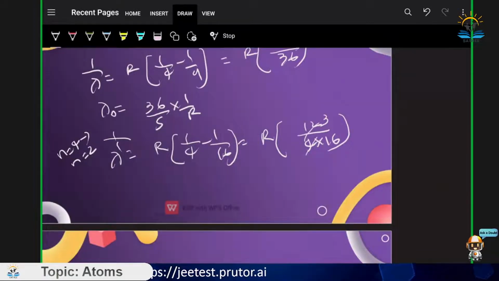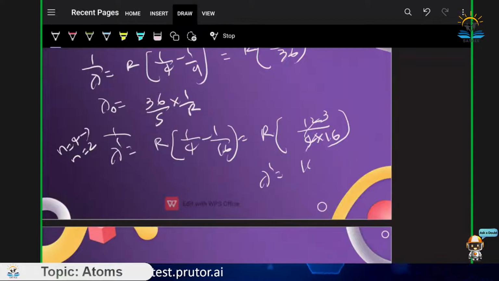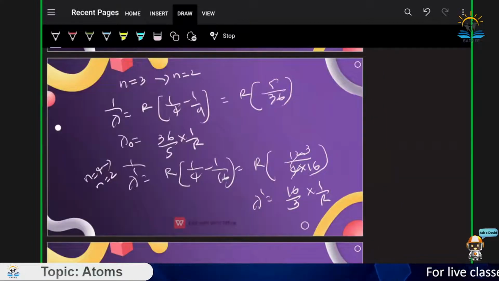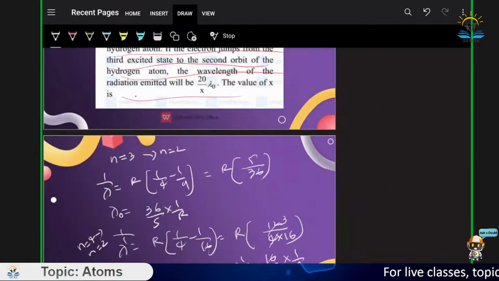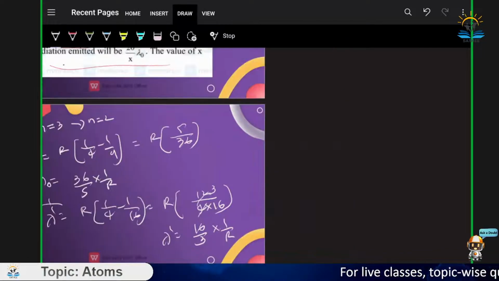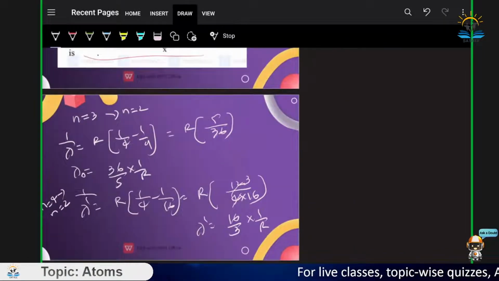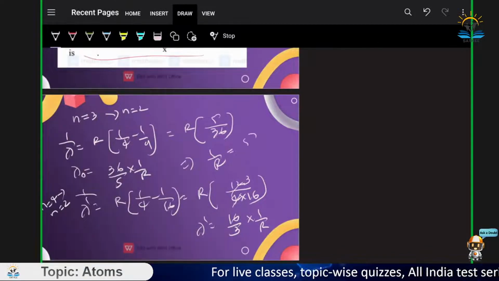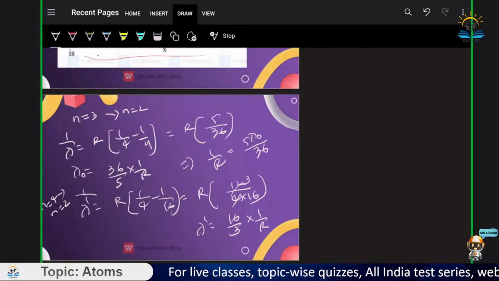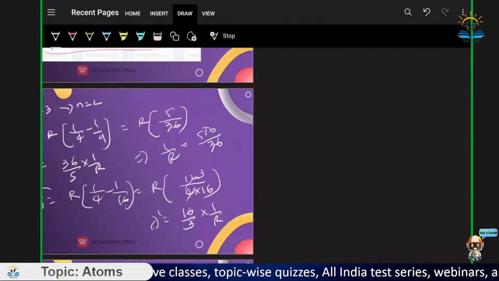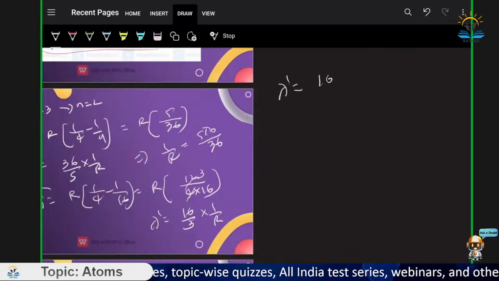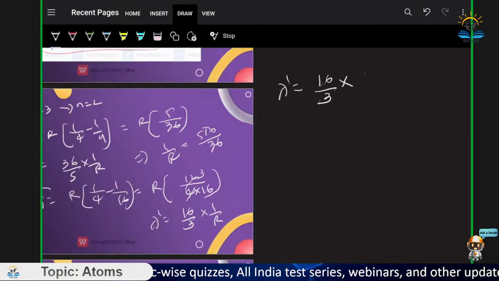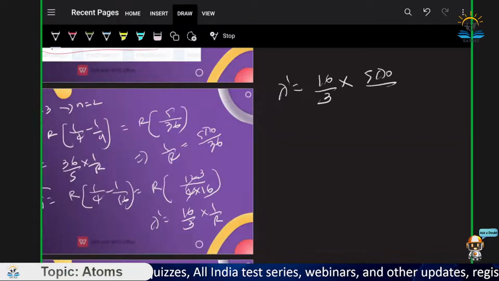So lambda dash will be 16 by 3 into 1 by R. And it's saying that it is equal to 20 by x lambda naught. So 1 by R will be equal to 5 lambda naught divided by 36. If I equate that, lambda dash equal to 16 by 3 into 1 by R, I can substitute 5 lambda naught by 36.